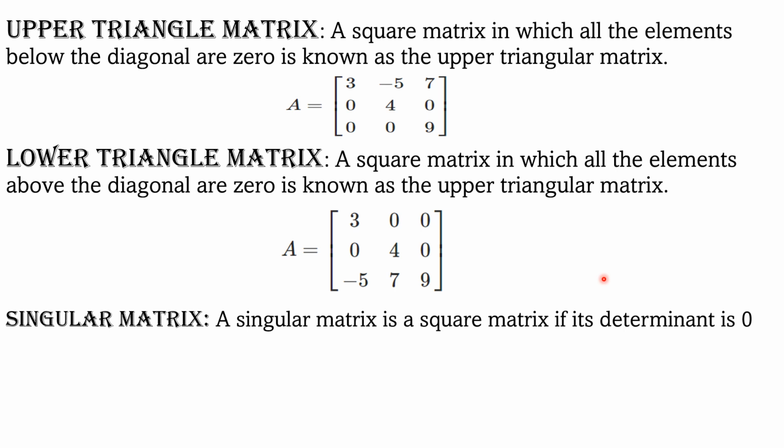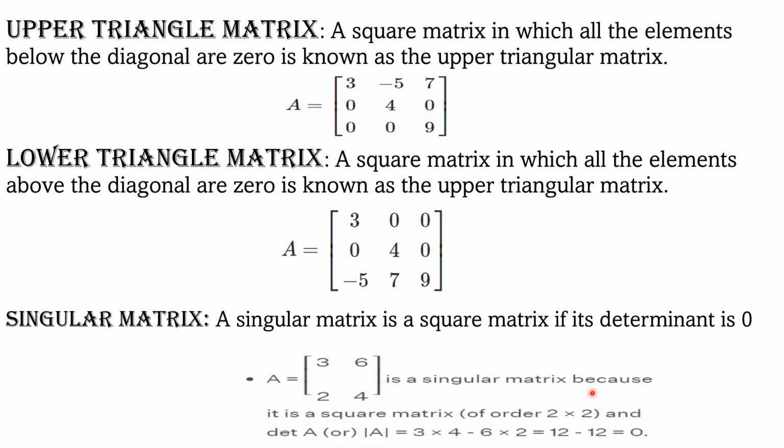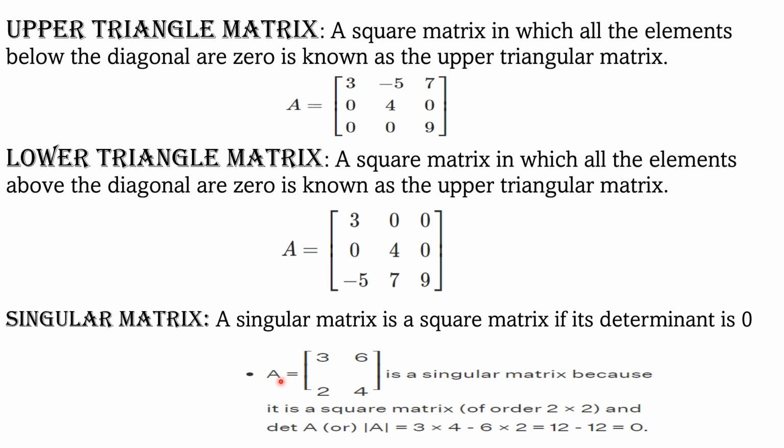Singular matrix. A singular matrix is a square matrix if its determinant is equal to 0. What is the determinant? AD minus BC. If AD minus BC equals 0, then it is called a singular matrix. Let me show one example for more understanding. See, this is a matrix A equal to 3, 6, 2, 4.